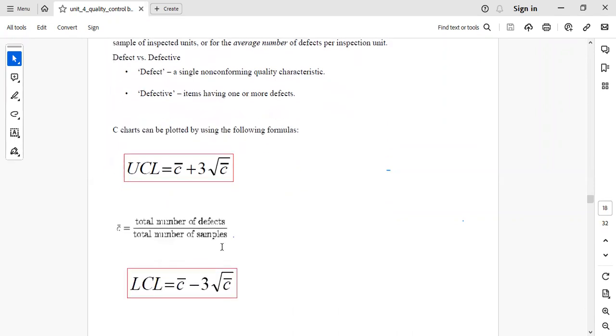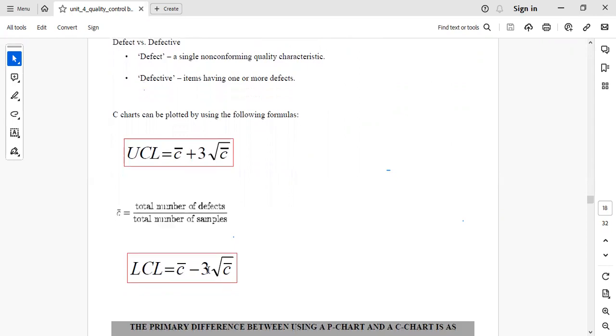If it is the lower, then you just subtract: the number of defects divided by the total number of samples, minus 3 times the square root of C bar. Sometimes what you get here might be greater than the C bar, and therefore your lower control limit will just be 0 in this case.